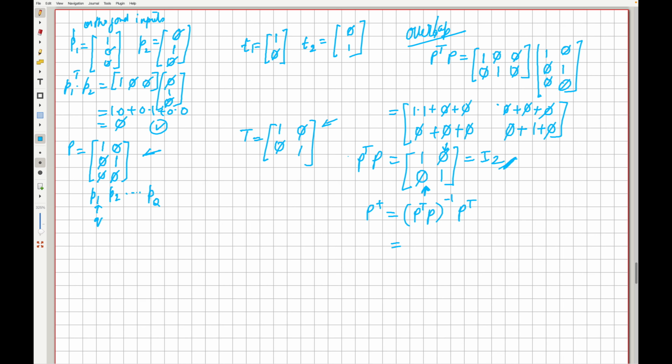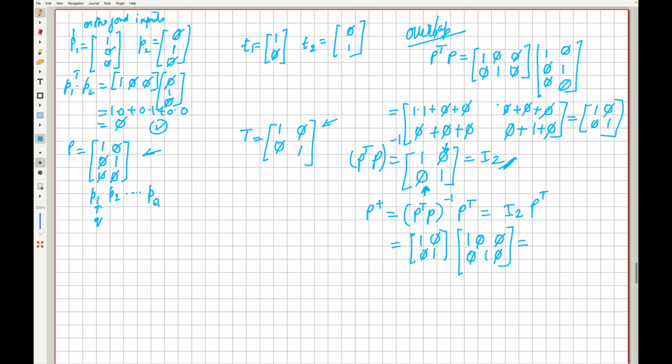So let's say that this is 1 0 0 1, and if you take the inverse of this, it is going to stay the same. So we plug in the values, and this is going to be the I2, and we dot that with the P transpose. So we have 1 0 0 1, and we dot that with the P transpose, which is 1 0 0 and 0 1 0.